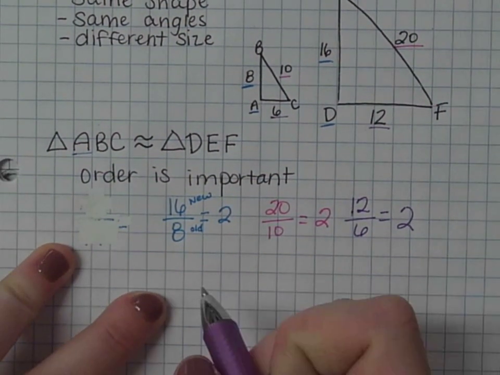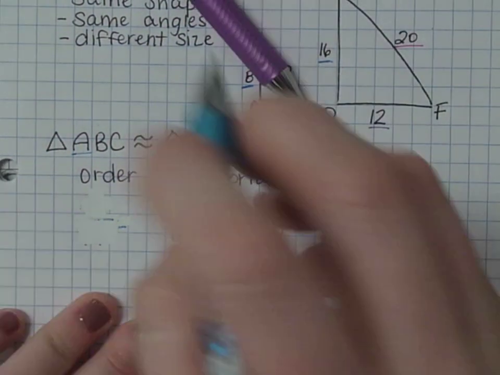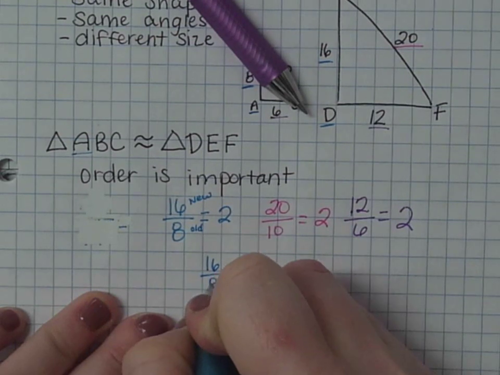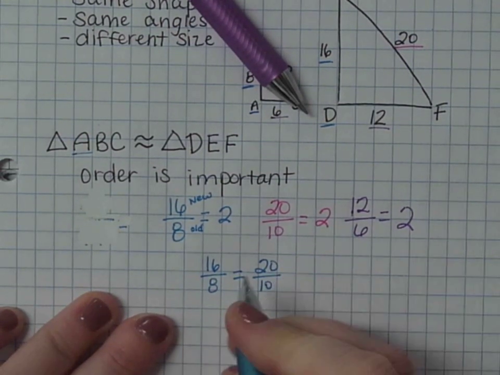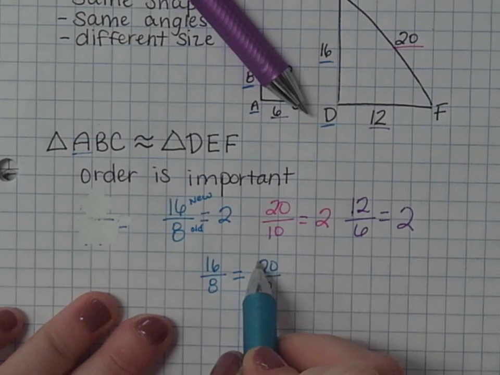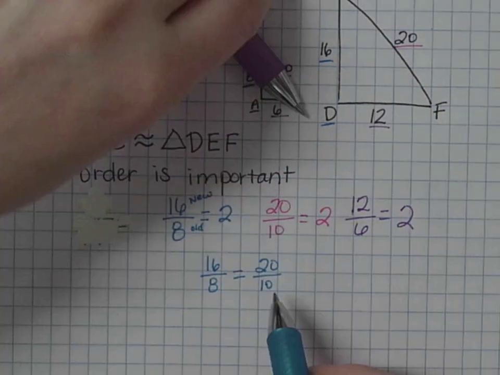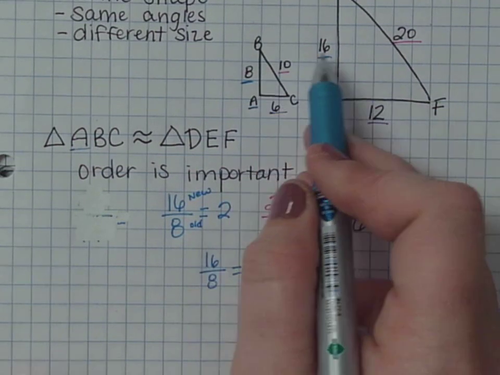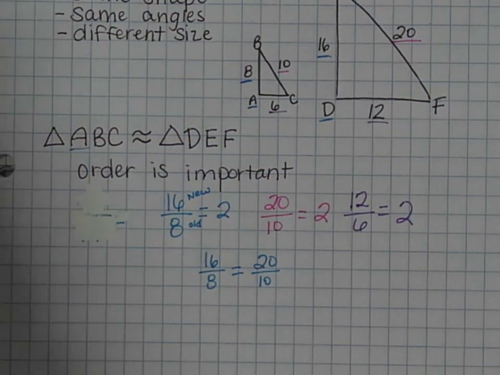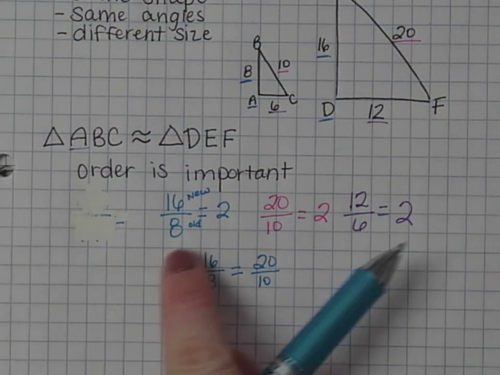So you'll actually see where they'll get set up as 16 over 8 has to equal 20 over 10. So notice the new went on top, the old went on bottom, and you've got to match them up with the corresponding. Okay, so those are similar.